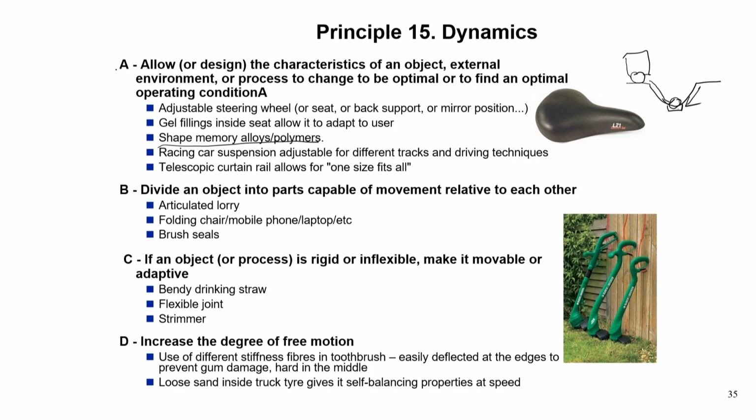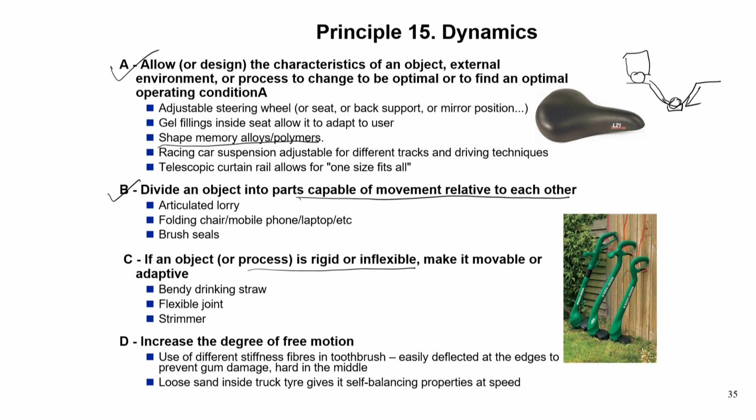So, this is allowing the characteristics of an object. Secondly, divide an object into parts capable of movement relative to each other. For example, a folding chair. So, you are playing with the dynamics so that you can deploy it as and when required. Brass seals. There are many such examples of dividing objects into parts. Then, if an object or process is rigid or inflexible, make it movable or adaptive.